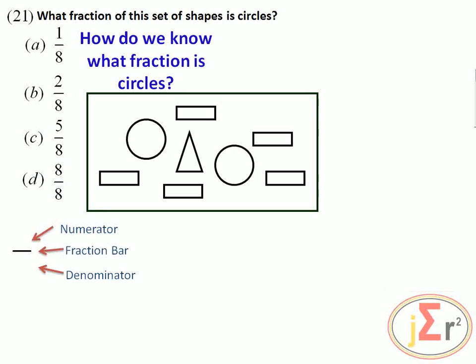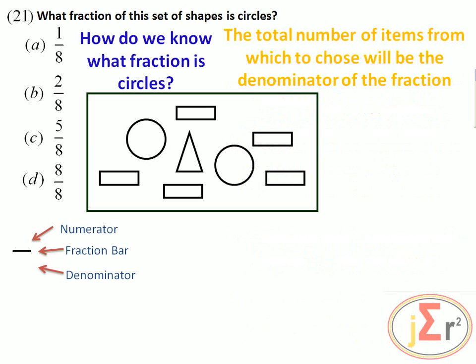How do we know that the denominator is 8? Because we have 8 shapes. Right, we have 8 shapes in all. The total number of shapes is 8.